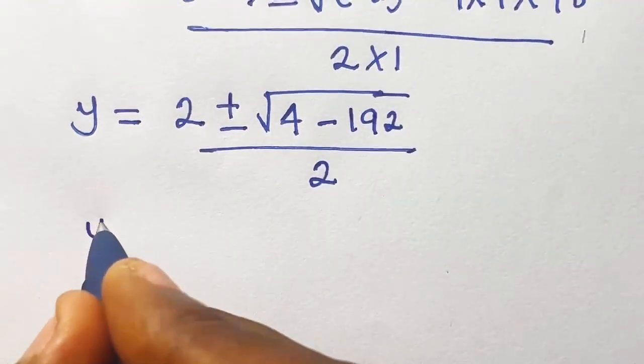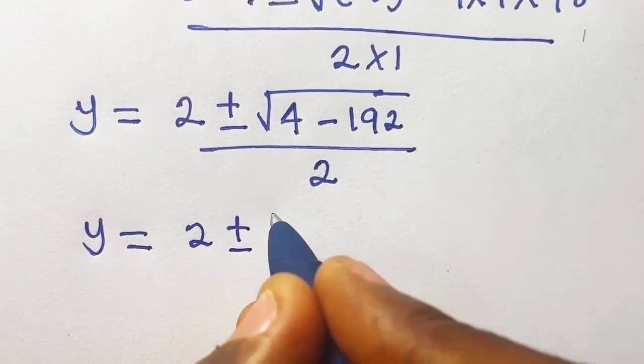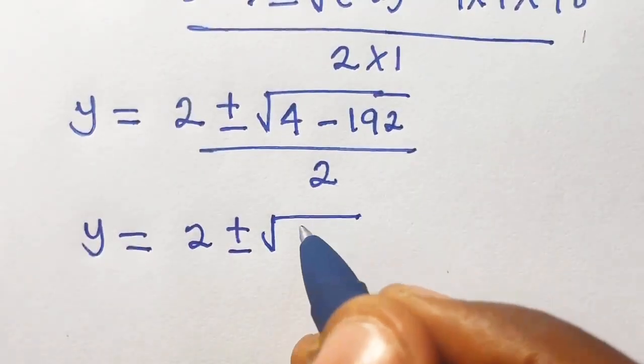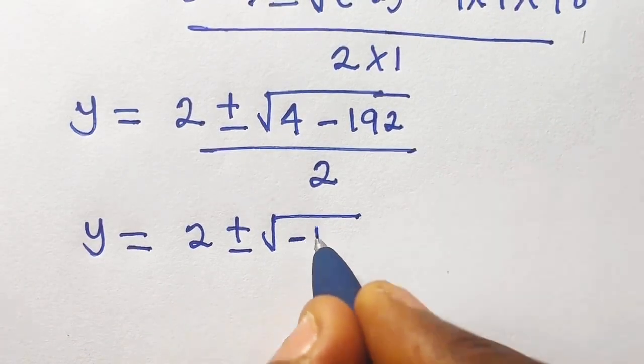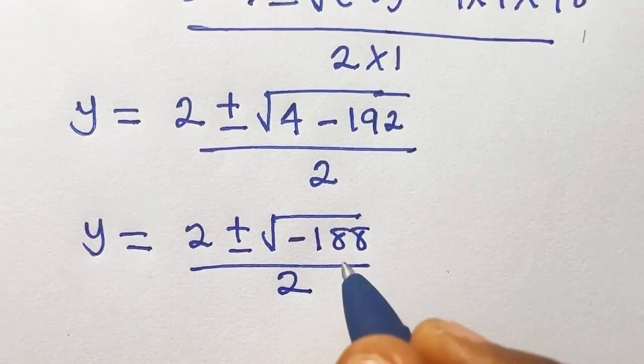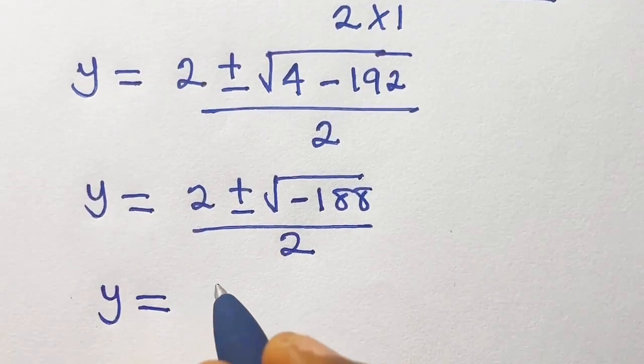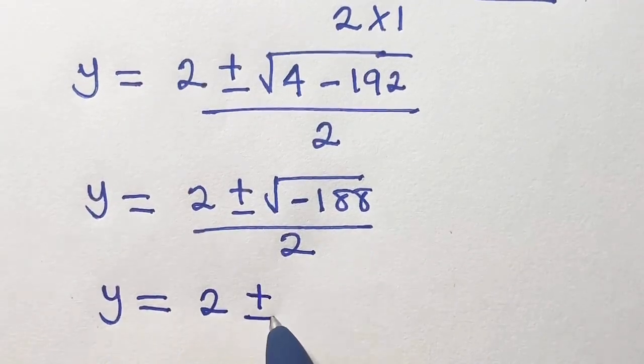So then we have y equals 2 plus or minus square root of 4 minus 192 will give us minus 188, divided by 2.